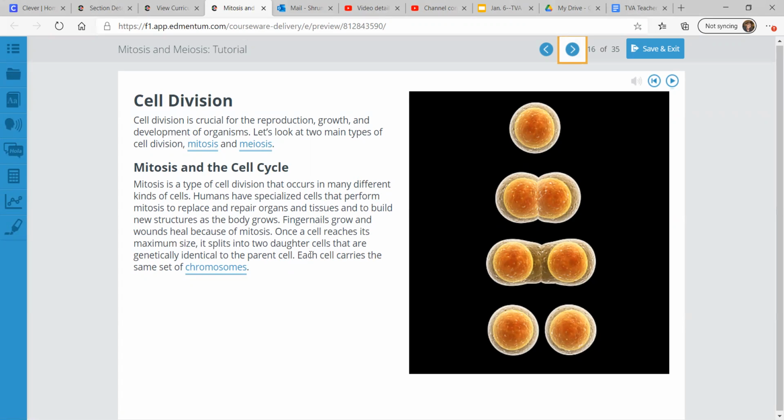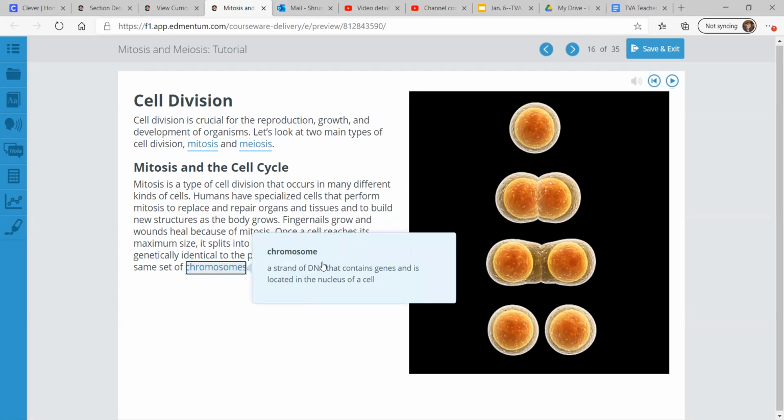Once a cell reaches its maximum size, as big as it can get, it splits into two daughter cells that are genetically identical to the parent cell. Each cell carries the same set of chromosomes, and chromosomes are a strand of DNA that contains genes and is located in the nucleus of a cell.